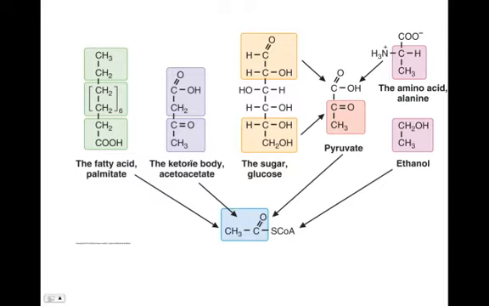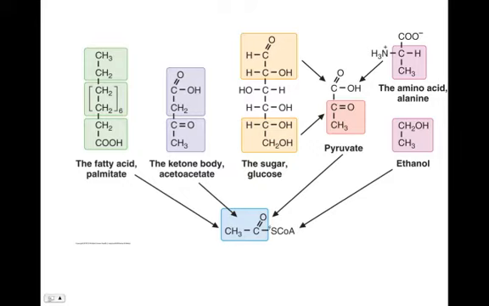Ketone bodies are oxidized to acetyl-CoA. Amino acids, such as alanine, can be converted to pyruvate and then oxidized to acetyl-CoA, and ethanol can also generate acetyl-CoA. And all of this acetyl-CoA is accepted and oxidized in the TCA cycle.